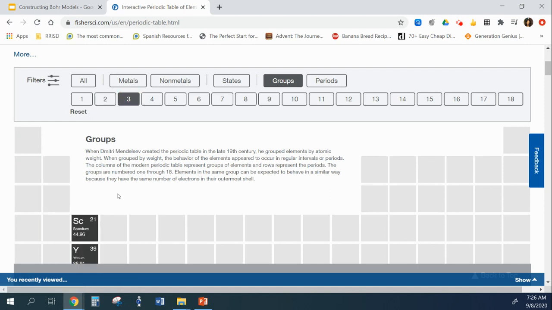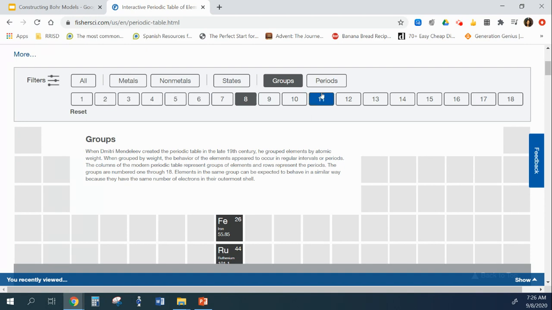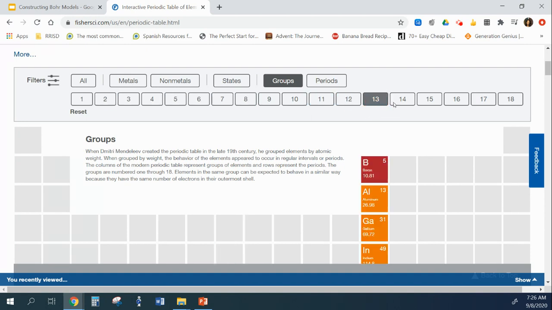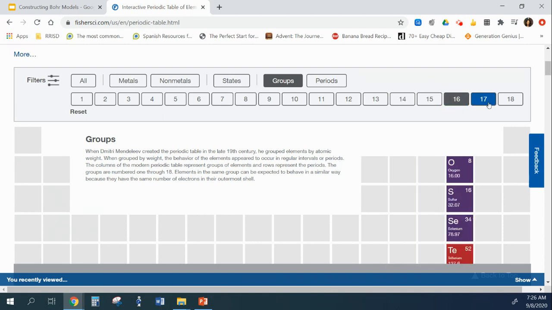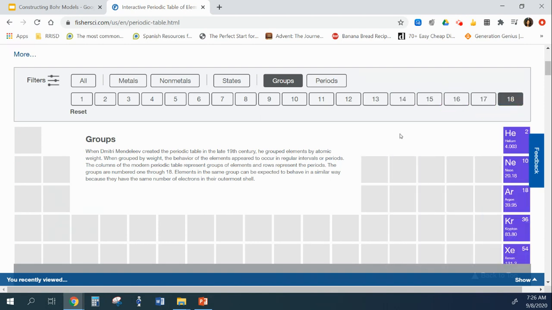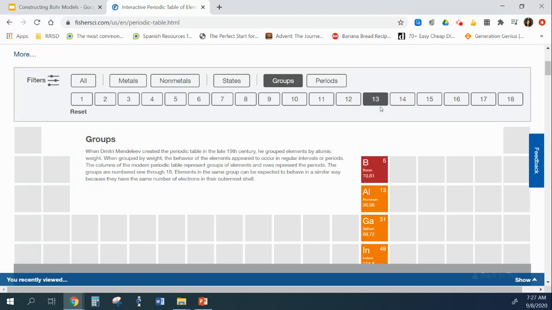Now, if I click on 3, it's going to take me here, which are your subatomic S, P, D, and F. So I actually want you to bypass the groups from 3 to 12, and I want you to focus on 13, 14, 15, 16, 17, and 18. If we cross off the 1 in front of this 13, we'd get 3.